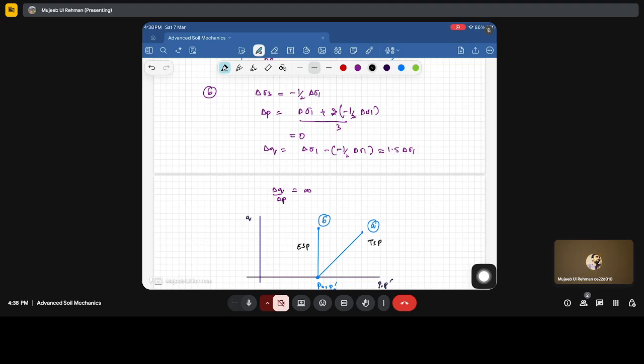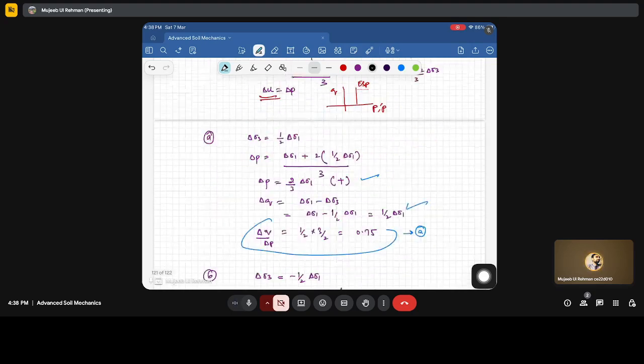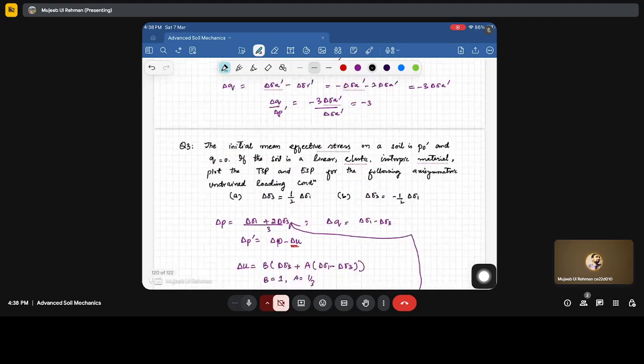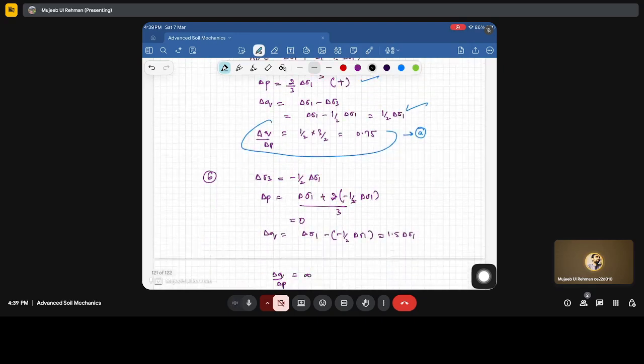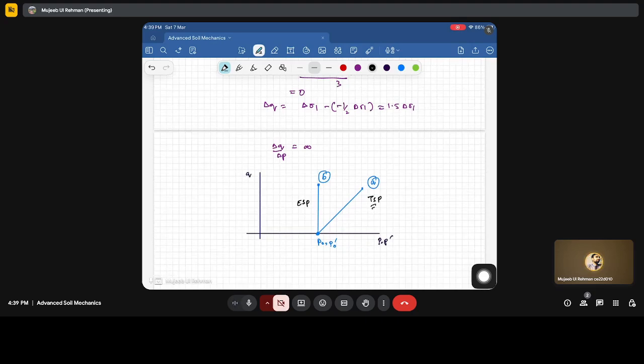Correct. So this was the question that we had to answer: plot the TSP and ESP for the following conditions. So for A, the TSP is this and the ESP is this. For B, the TSP and ESP will be the same.